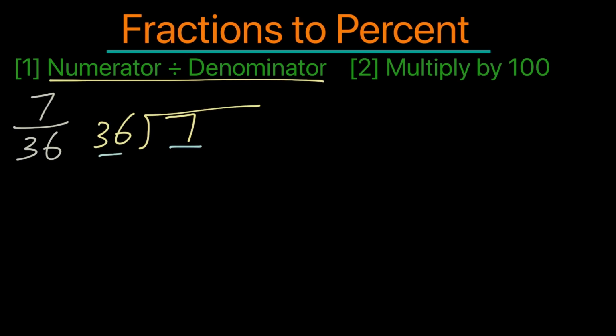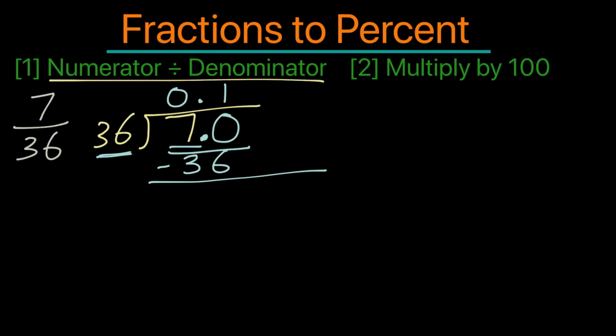Now the 7 is too small for 36, so this will be 0, and then we're gonna place a decimal point, and then place a 0 behind it. So now this becomes 70 divided by 36, and 1 can go into that, and we can come up with 34 here. So we need to bring down another 0.